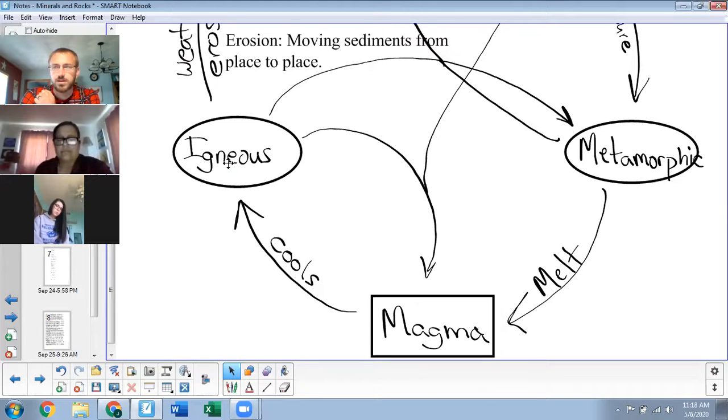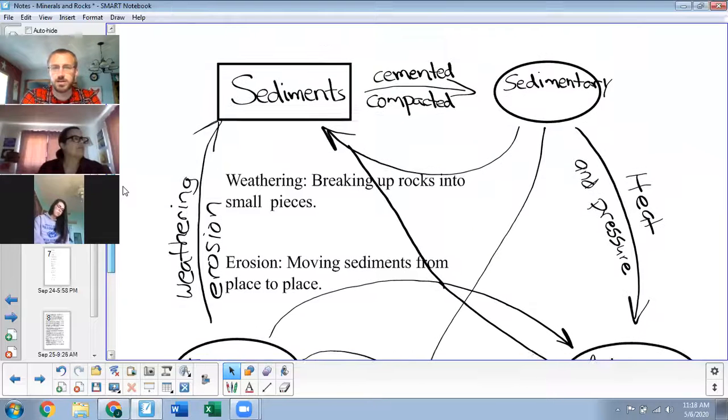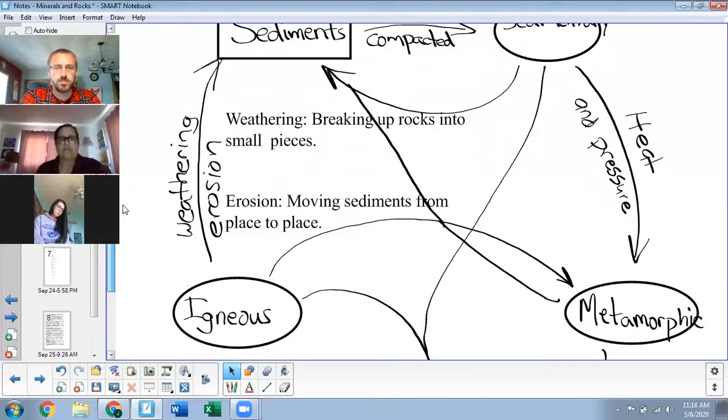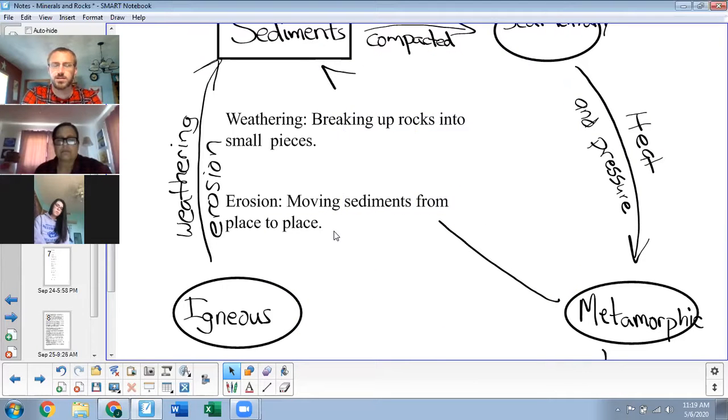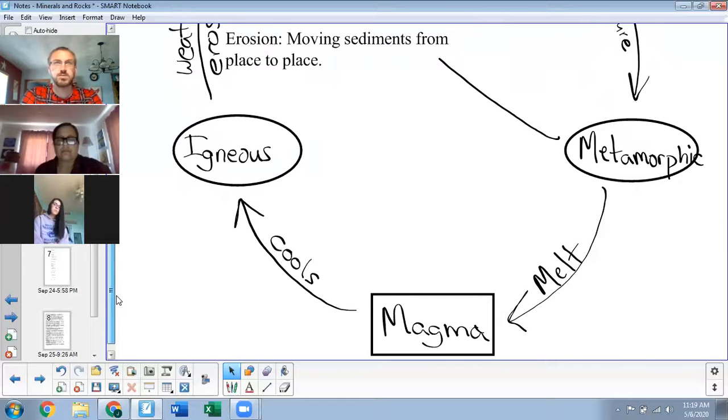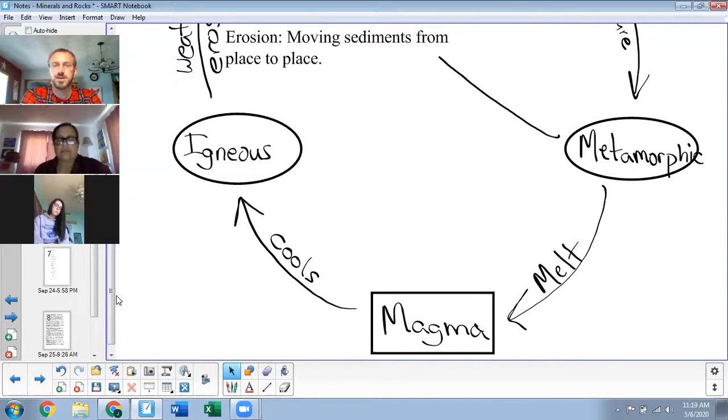Okay. So what we've described so far is the outside of our rock cycle. And the way it's drawn, if I take away these arrows in the middle and make them go away briefly, it looks like if you are a rock, you have a predetermined life cycle. You're going to start as magma, you cool off, you turn into an igneous rock.